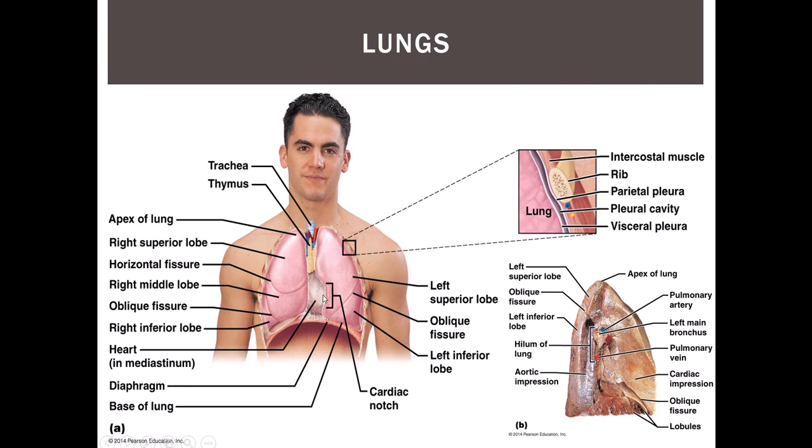And here you can see the little concavity of the cardiac notch for the heart placement. And then here's the hilum, that indent, and that is where all of the arteries, all of the blood vessels, all of the lymphatic vessels, everything enters the lungs there.